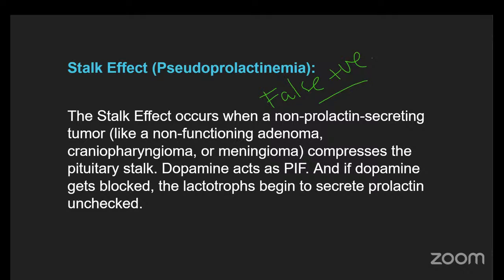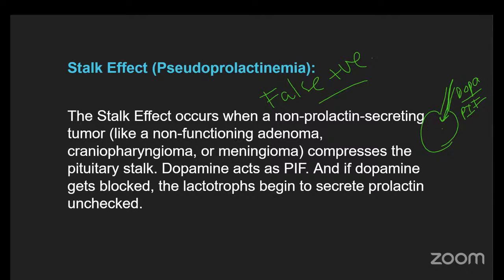What ends up happening is this pituitary stalk is the runway for the dopamine, okay? This thing helps dopamine reach here. And please remember that dopamine is the prolactin inhibitory factor, right? So what it does is, it stops the secretion of prolactin.